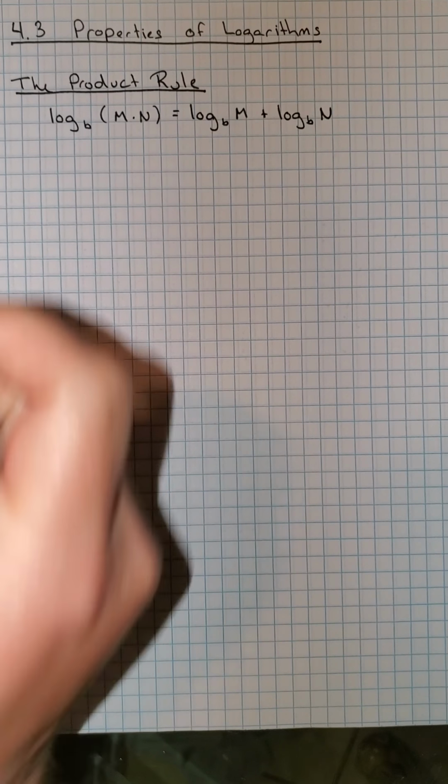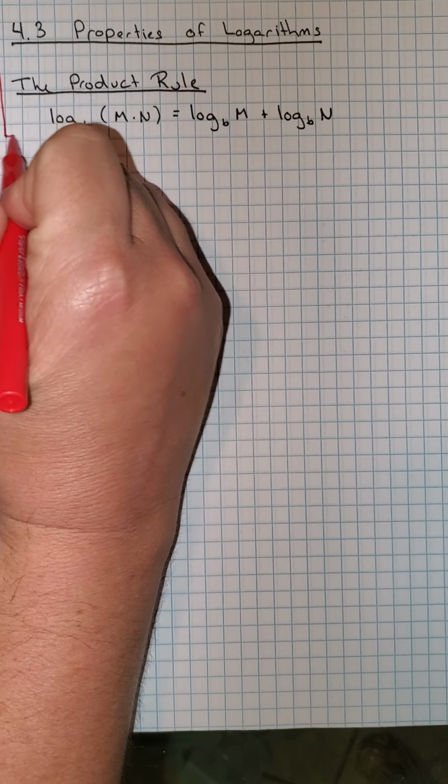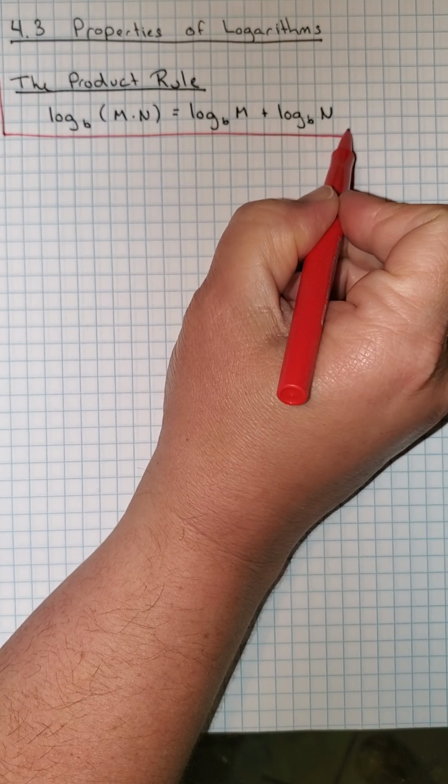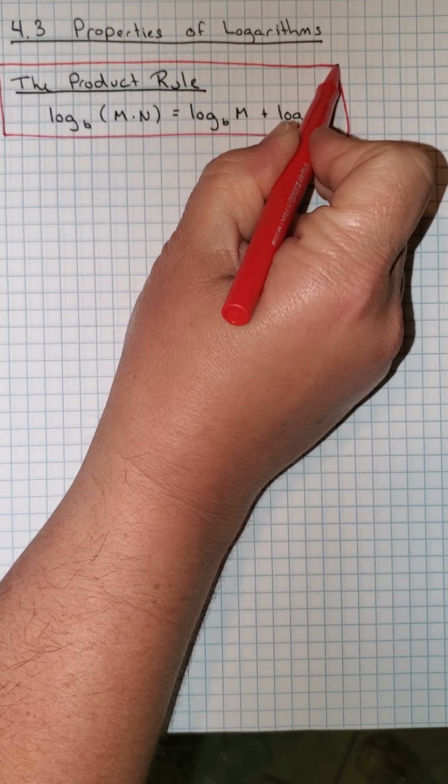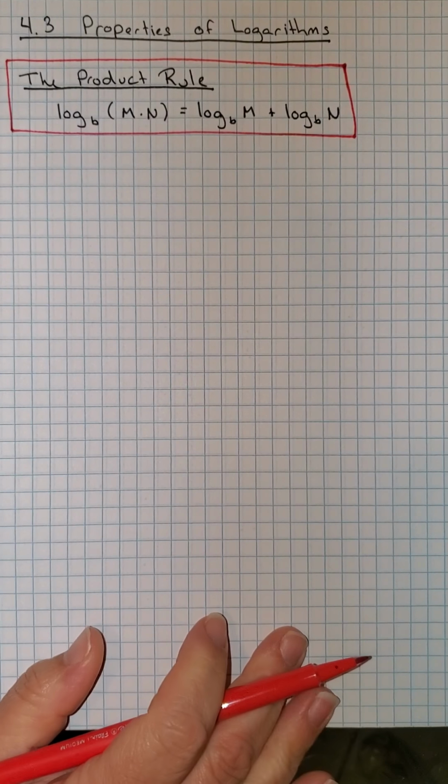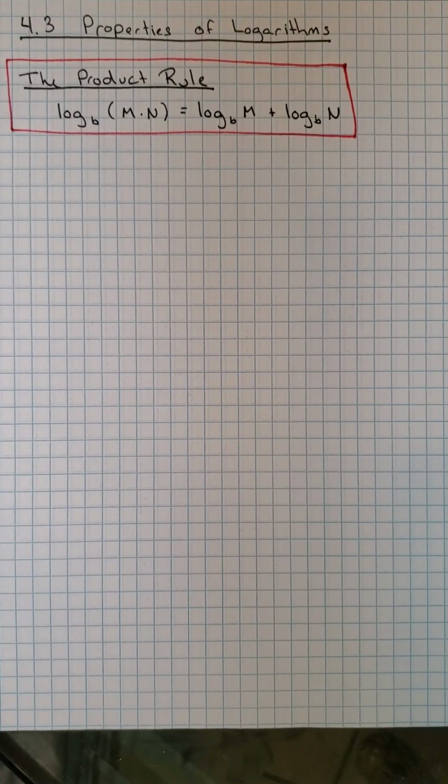So that's the product rule, is when you're taking the log of 2 things being multiplied, it's the same as splitting up, giving them each their own log, and then adding them together.